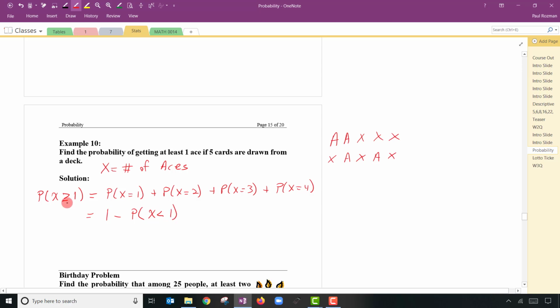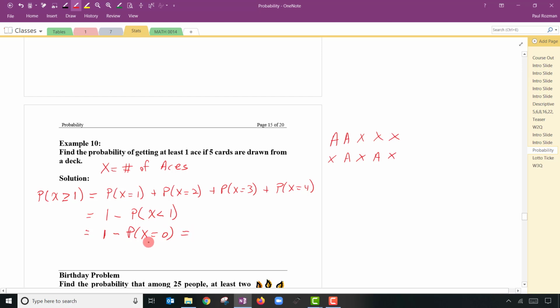The opposite of greater than or equal is less than. Notice 1 will always have the equal sign and 1 won't. Well, because you can't get a fractional number of aces, there's no 0.5 aces, I know that I have to have a value of X equals none.